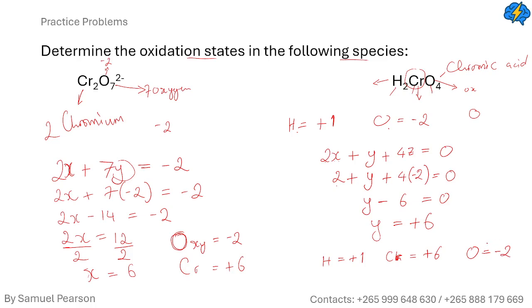The idea is that when we add the oxidation states of all the atoms in this compound, it should equal 0. That's how we can find or assign oxidation numbers for various atoms in a compound.